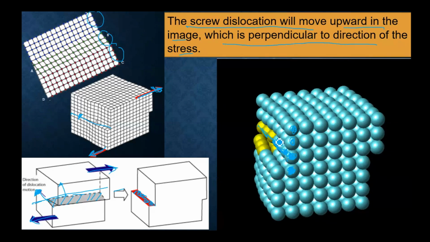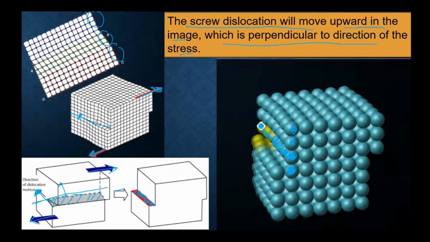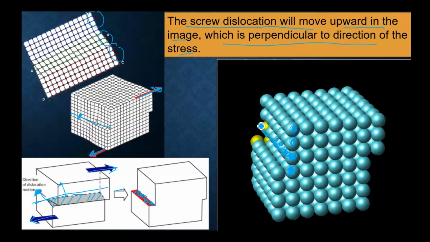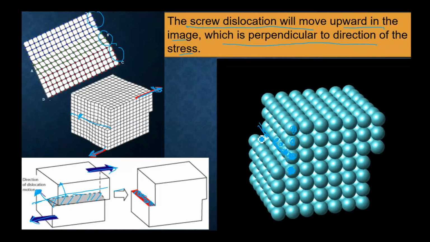The first four atoms have moved to the new position, and the last three atoms are now in the process of movement. The process continues until you have a complete unit cell step that the lattice has moved as a result of the application of shear stress and the movement of the dislocation.